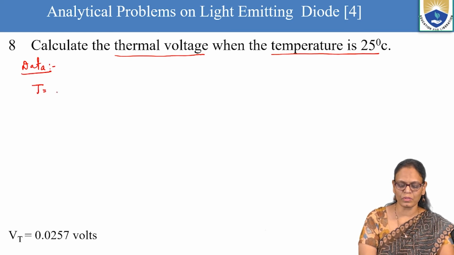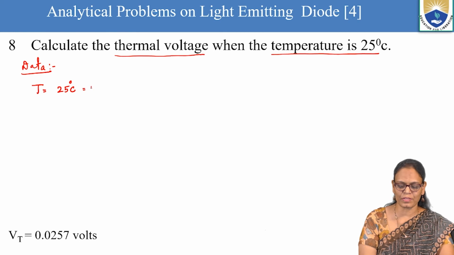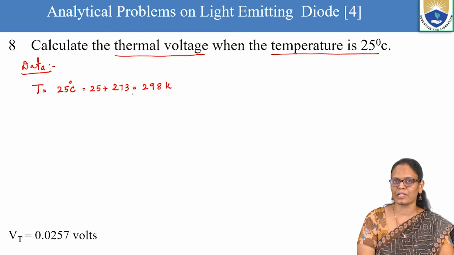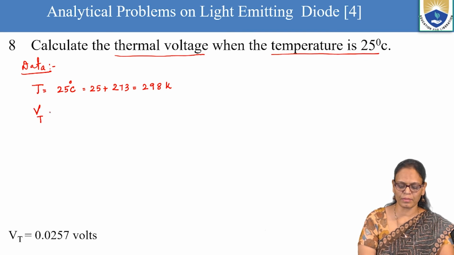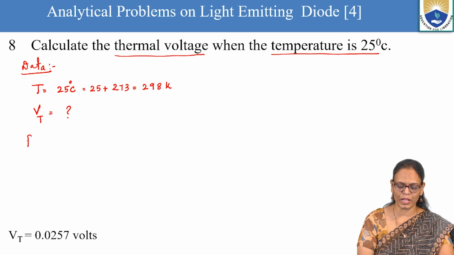T is equal to 25 degrees Celsius. We have to convert this temperature into Kelvin. So 25 plus 273, that will be 298 Kelvin. So the temperature is 298 Kelvin. What we have to calculate is the thermal voltage Vt. So what is the formula for Vt?